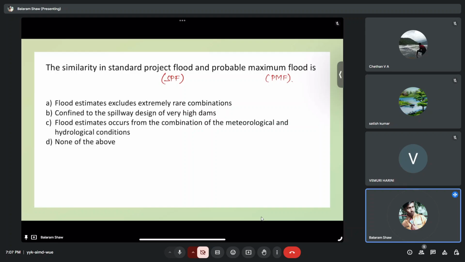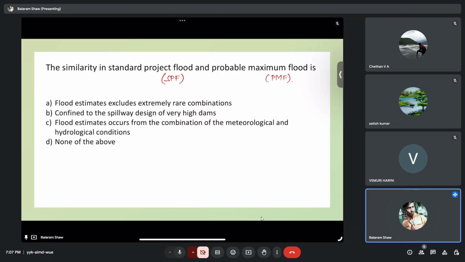Not the waterways, for waterways you remember that we have considered 25 years return period, but for foundations of freeboard we consider 100 years return period, but for the aqueducts waterways we consider 50 years return period, right? Okay, so let's move on to the next question.